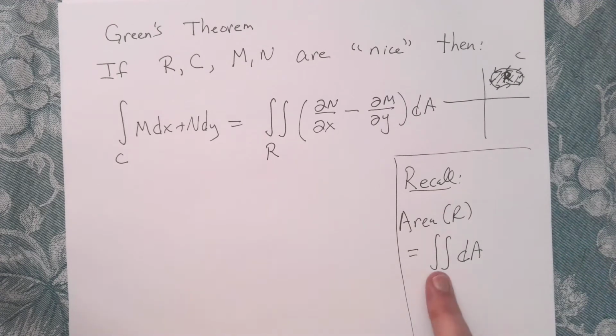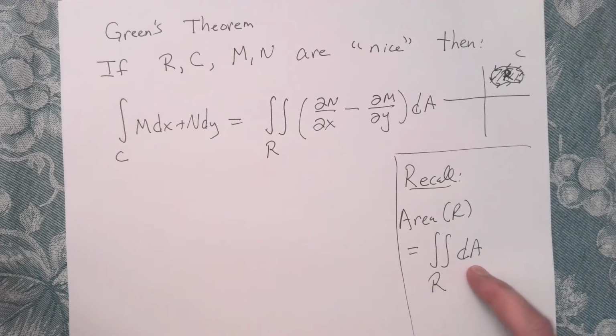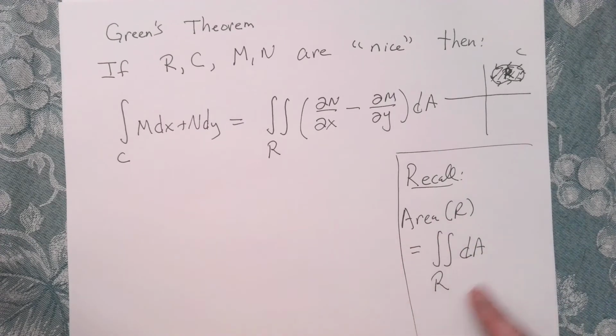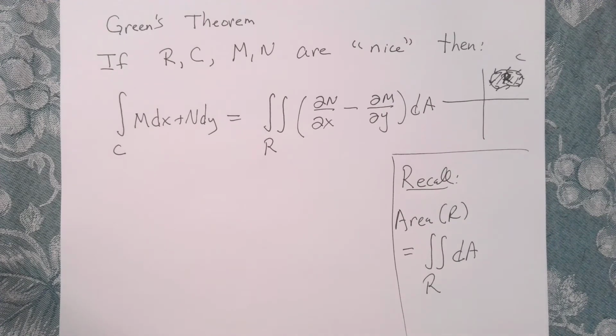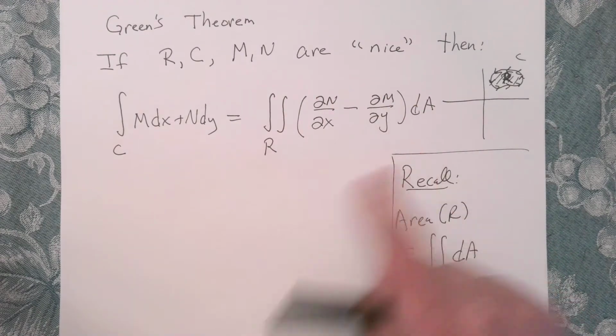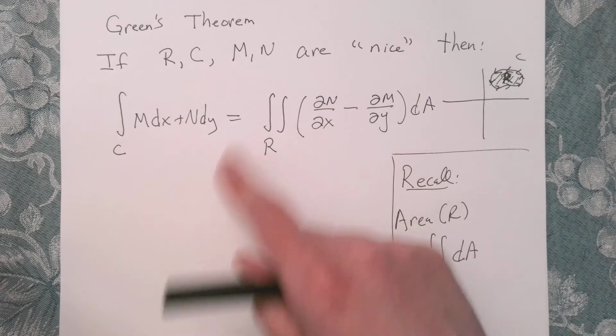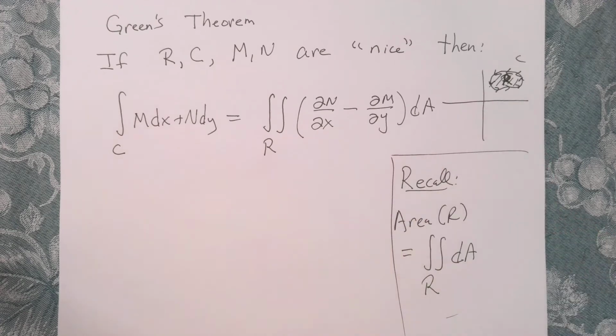Essentially what you're doing is you're taking the sum of all the area elements that are in the region, and that'll give you a total area. Okay, but if you look at this, we don't have an area integral, right? We have an integral that essentially finds the total rotation inside of R. It sums up all these rotation elements.